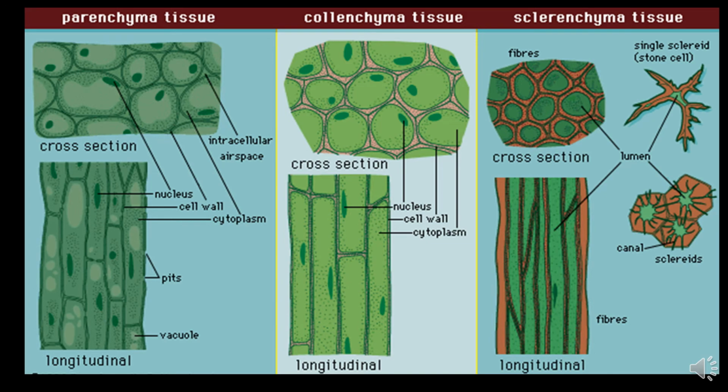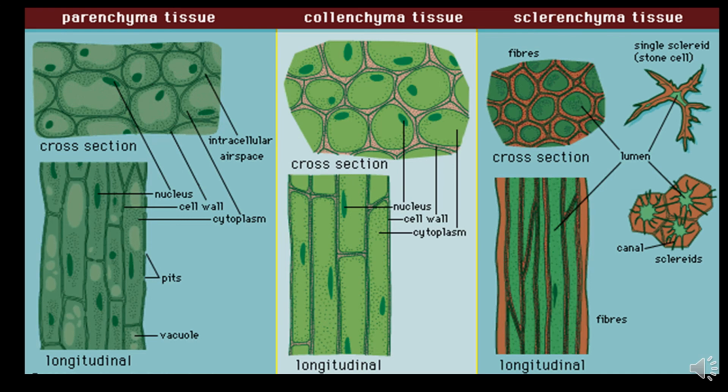Now let us see what are the comparative features of these three types of simple permanent tissues. Have a look at the diagrams, and as you can see here in the diagram, parenchymatous tissues have a thin cell wall made up of cellulose only, with intercellular spaces. You can see a centrally located large prominent vacuole because these cells are basically for storage.